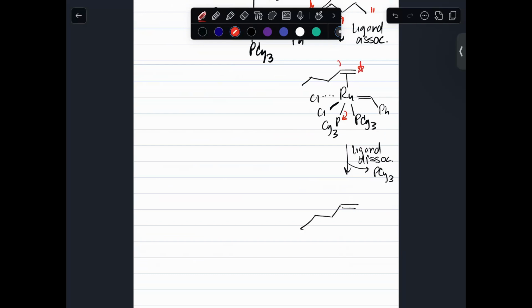I forgot to number. Want to make sure we follow along. Just like before, we do a pseudo-migratory insertion.